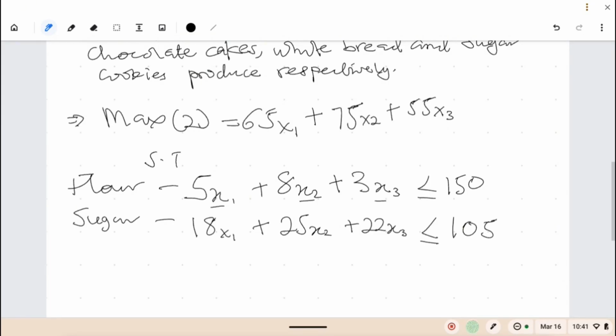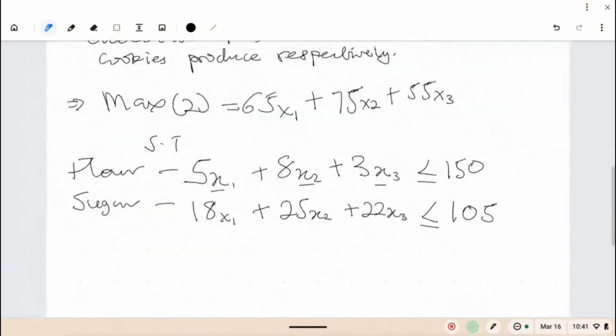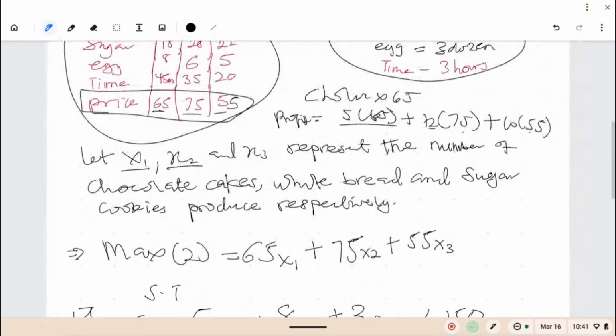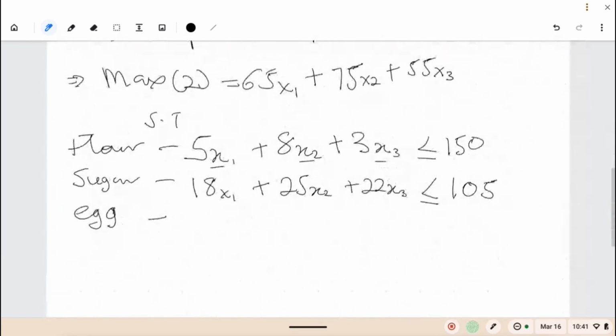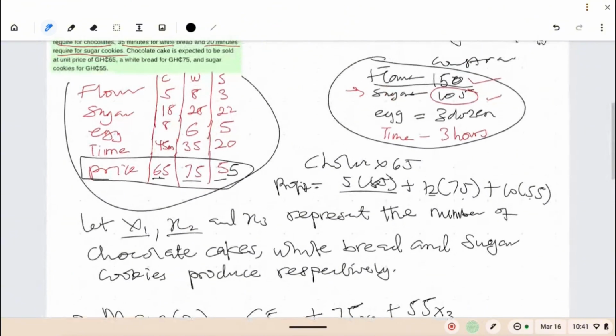Our next ingredient, we have egg. How did they use it? 6, 8, 6, 5 respectively. So 8 for x1, and so on for x2 and x3. We said 3 dozens of eggs, and we know that 1 dozen is 12.